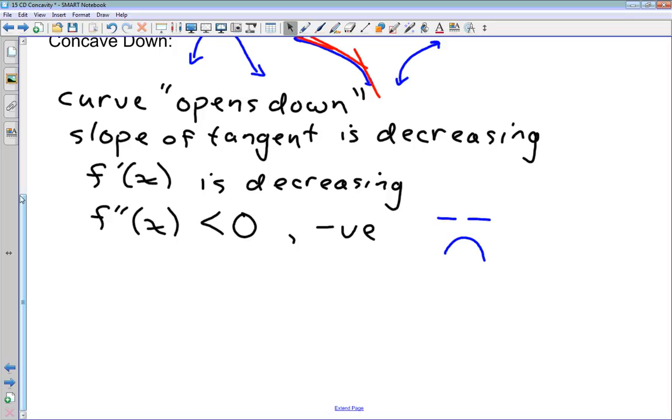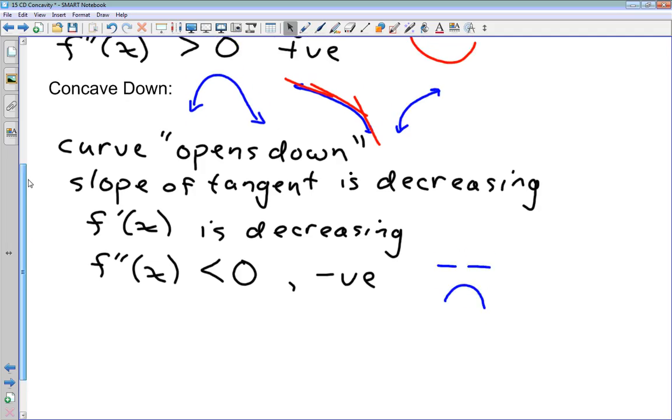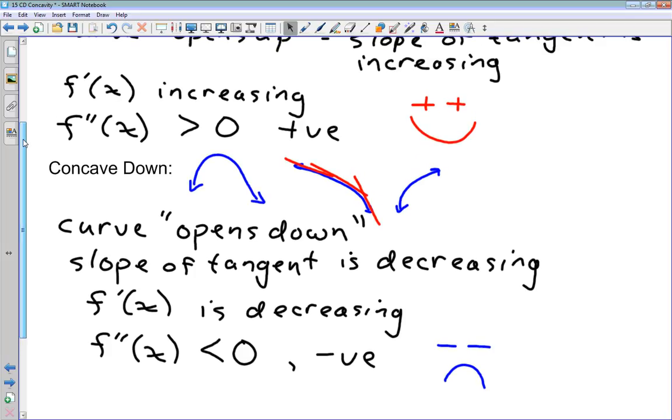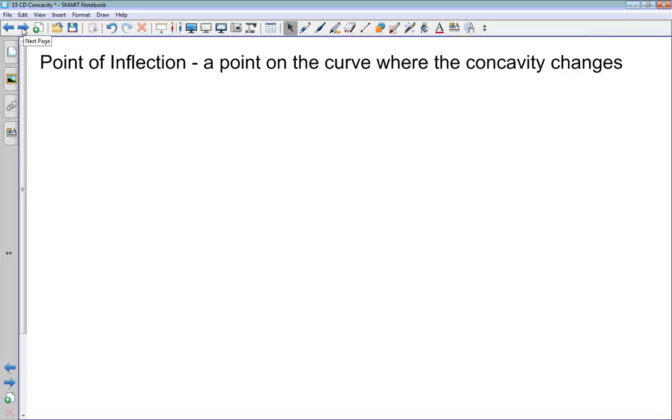So that's concavity. A curve can be concave up or concave down. Now this doesn't have to apply to the entire curve. We can just have part of a curve being concave up and part of a curve being concave down, which means that over the course of its graph, the concavity of a single function can change from being concave up to concave down, or concave down to concave up. And the points where that occurs are called points of inflection.